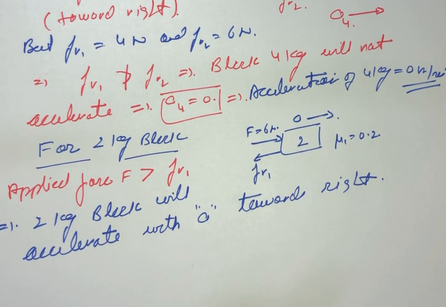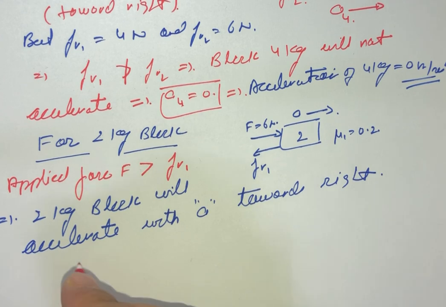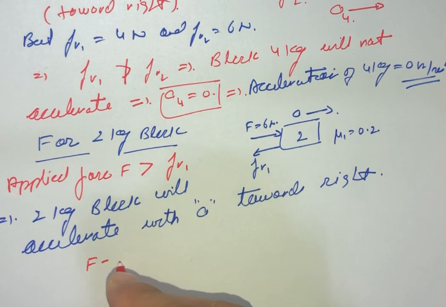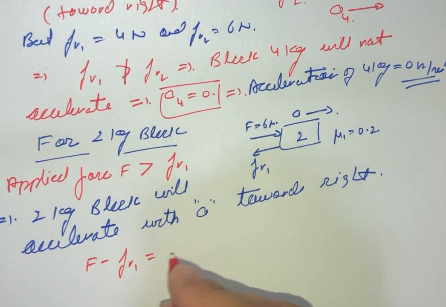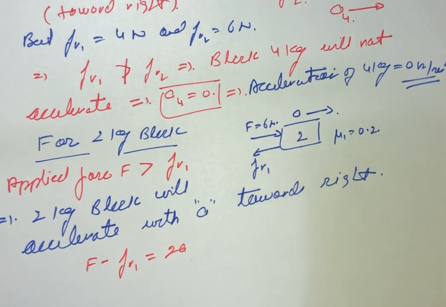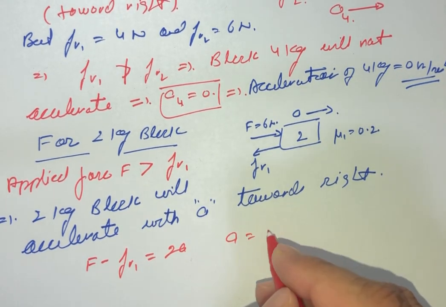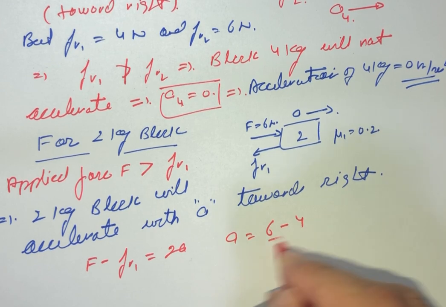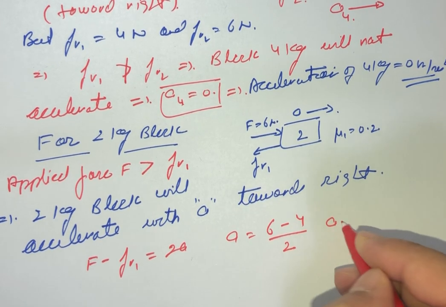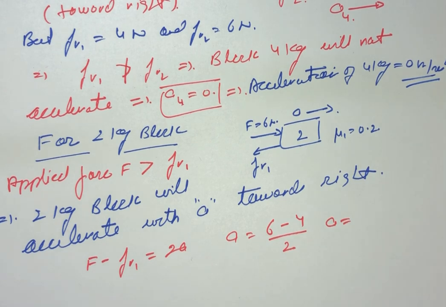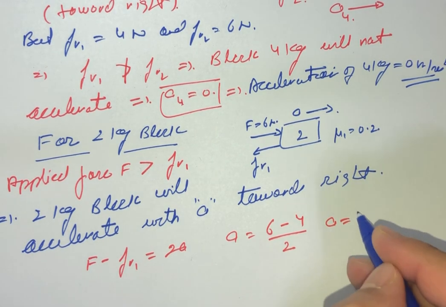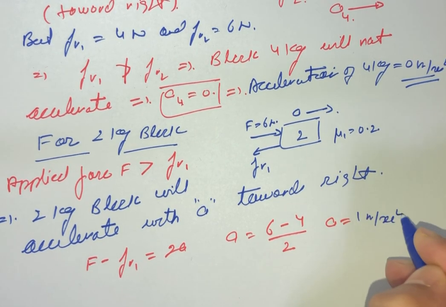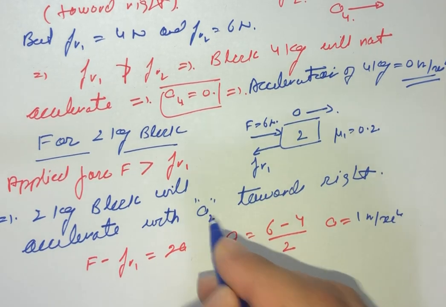and we can write the equation as F minus FR1 is equal to 2A, or A will be equal to 6 minus FR1, which is 4, divided by 2. So acceleration will be coming as 1 meter per second square. Let us call this A2.